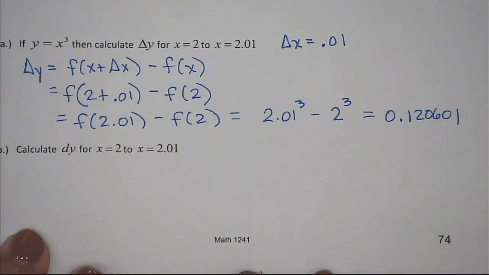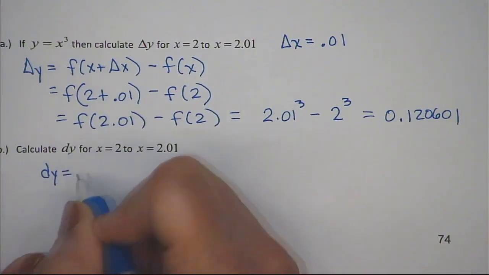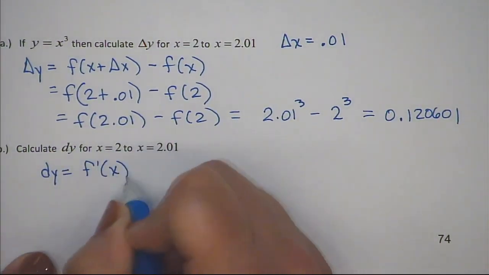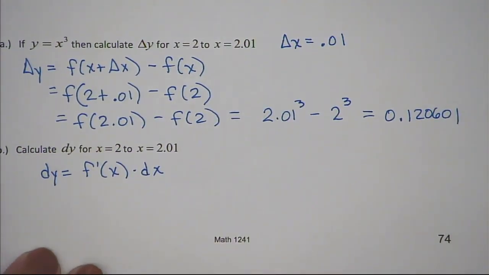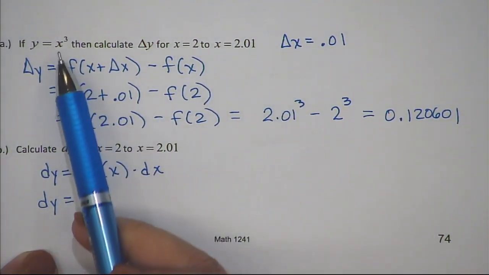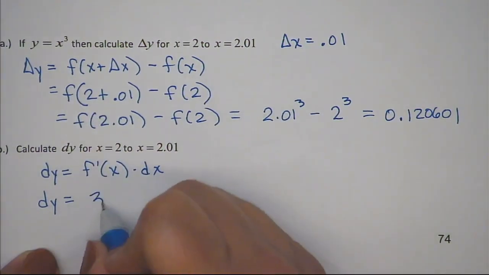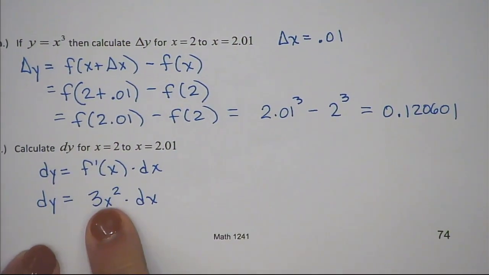All right, now, part B says calculate the differential, the approximate change in y. Well, the differential is the derivative times dx. That's dy. That's an approximation. So what is the derivative of our function? 3x squared times dx. And this x is always your original.